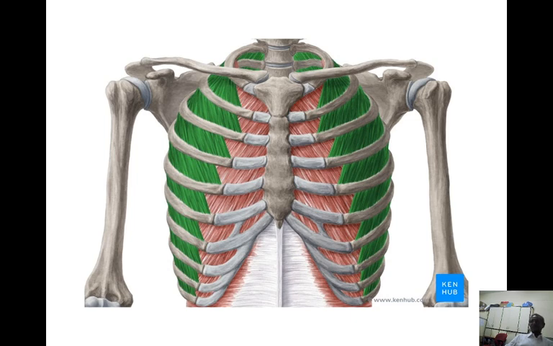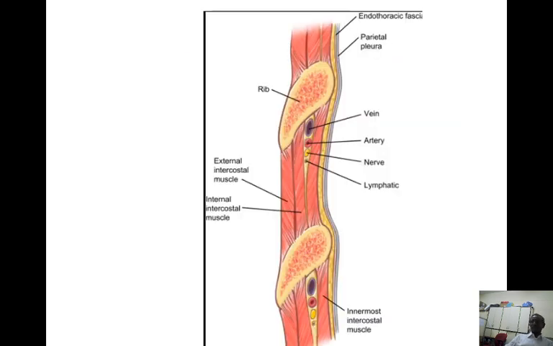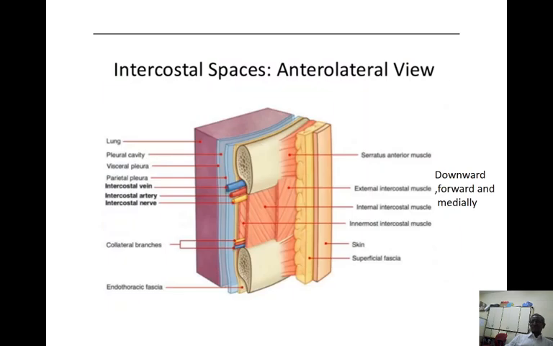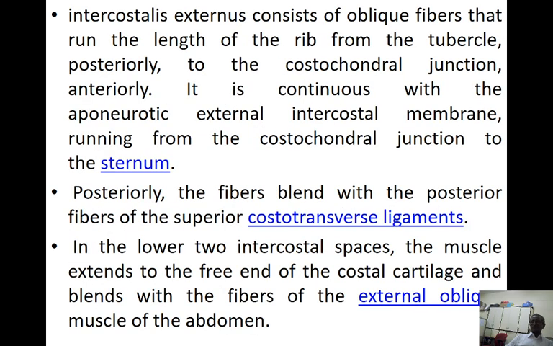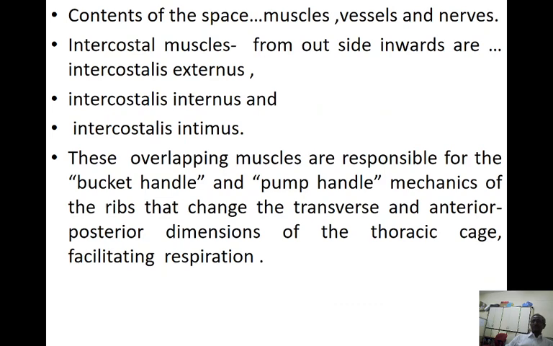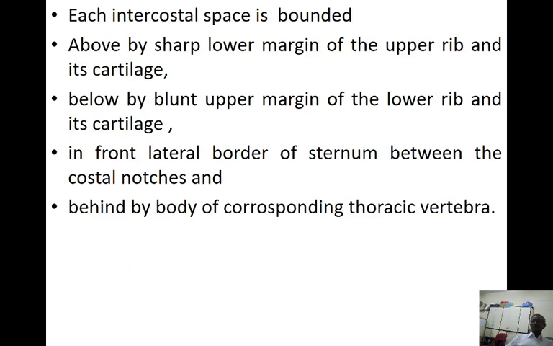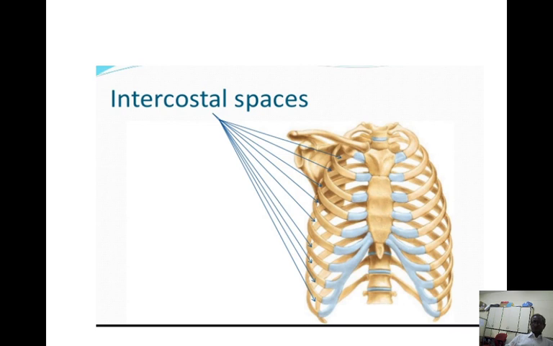And for the internal intercostal, the muscle fibers are in the opposite direction, and in the posterior aspect they are replaced by the posterior intercostal membrane. So almost that finishes your intercostal spaces. Thank you.